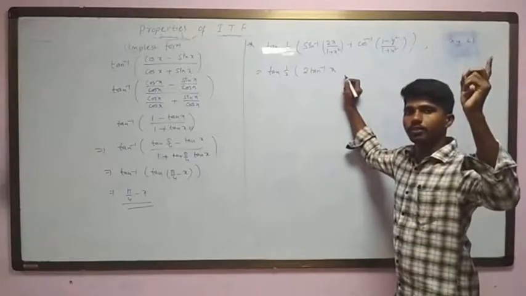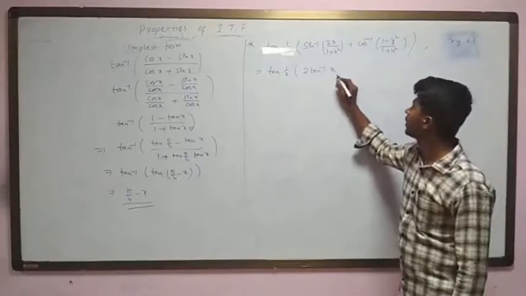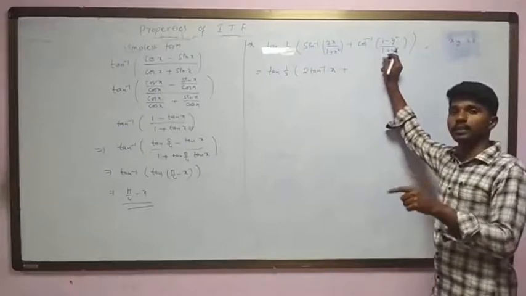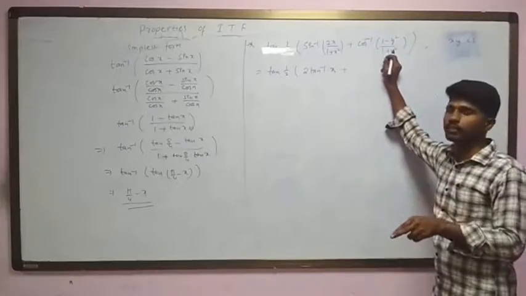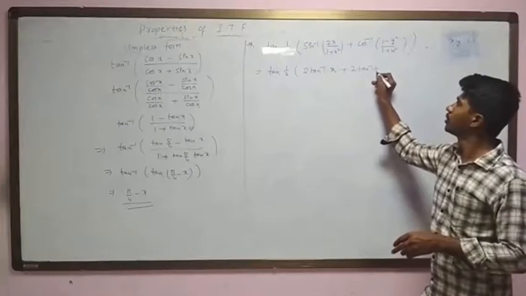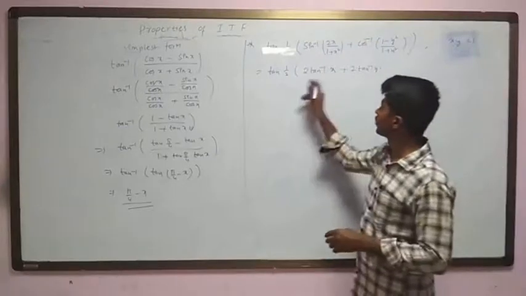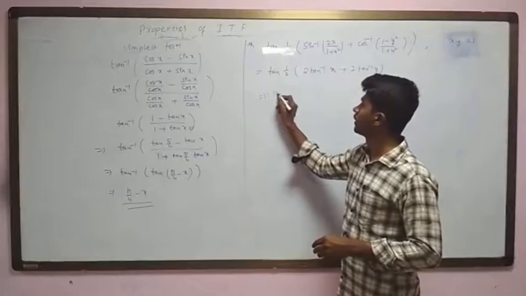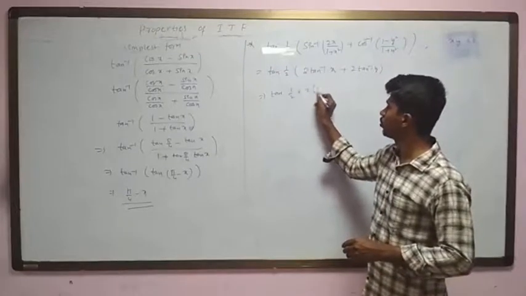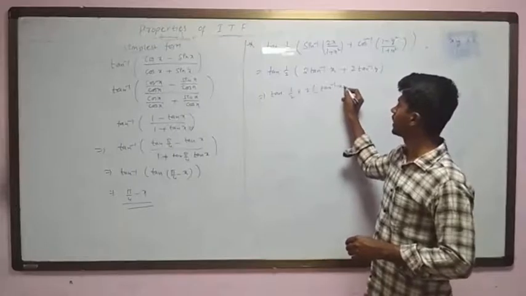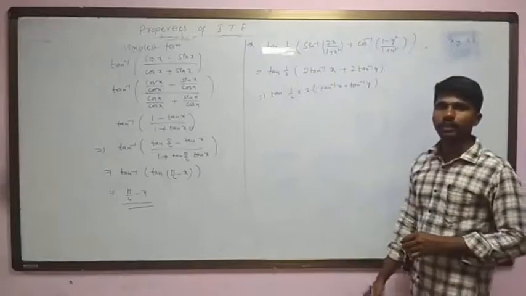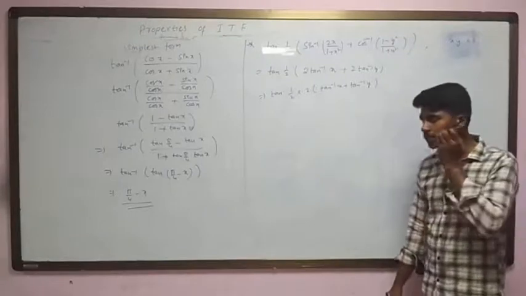Multiple angles, the last one what we have discussed, plus cos inverse of 1 minus x square by 1 plus x square is 2 tan inverse x, but in place of x we have y, so we can write it as 2 tan inverse y. Take 2 common, so what I am getting, tan 1 by 2 into 2 into tan inverse x plus tan inverse y.